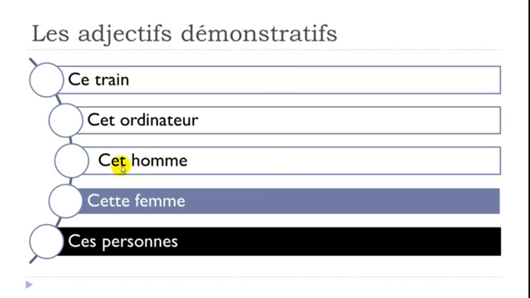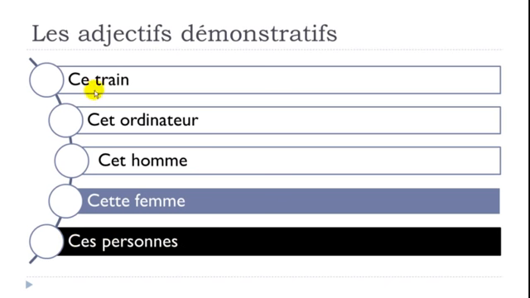You'll have to use the masculine adjectif démonstratif, but this form, cet homme, cet homme. All right, femme, woman, cette femme, this woman, cette femme. Okay, and then the last one, personne, persons, pluriel, ces personnes, ces personnes.